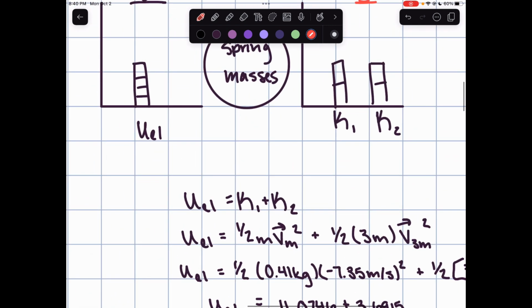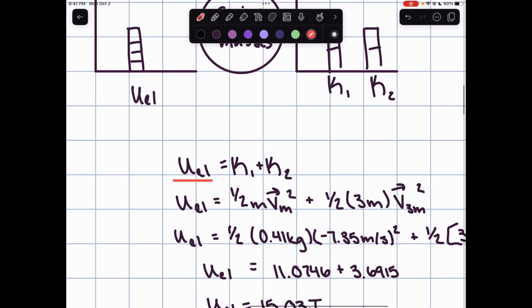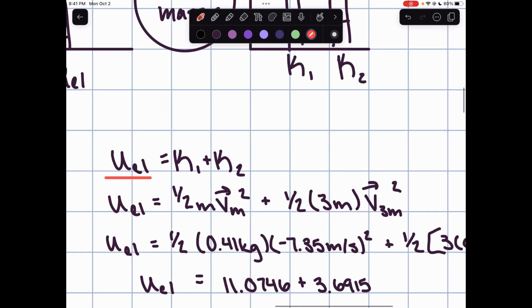So let's set up our equation. We know that the elastic energy is equal to the kinetic energy of mass 1 plus the kinetic energy of the second mass. We're going to just leave U_el like it is so we can find how many joules it is equal to. So for K1 and K2, we can start by replacing with our energy storage equation, 1/2 mv squared.